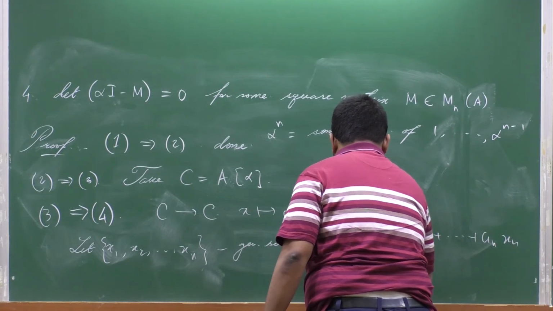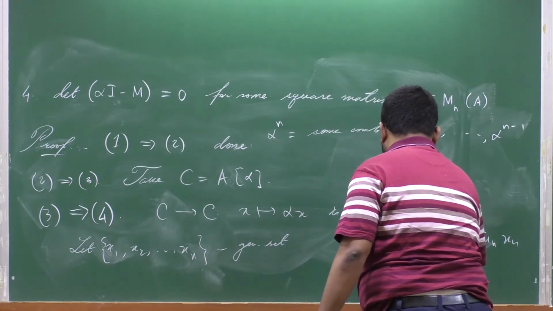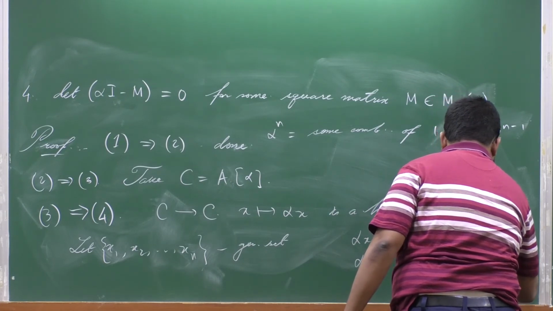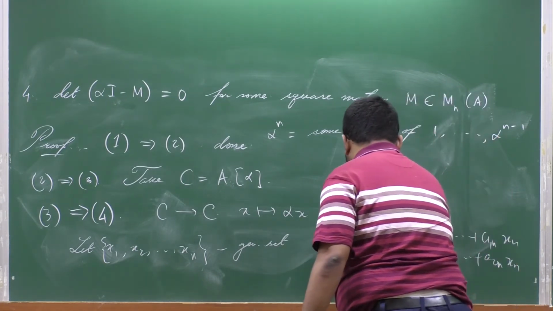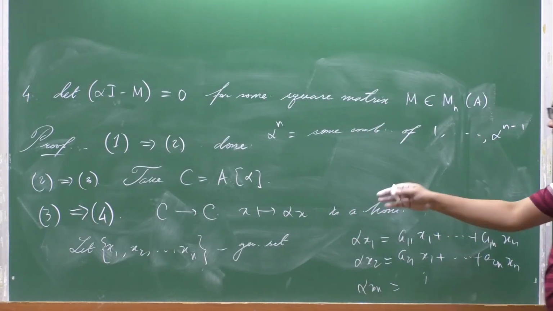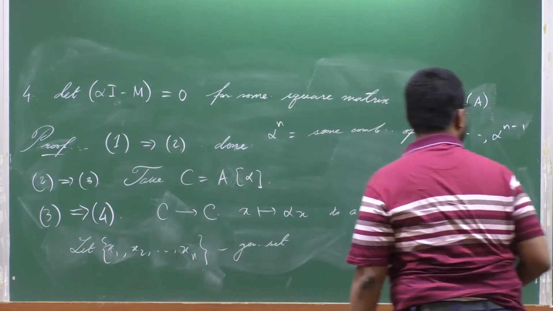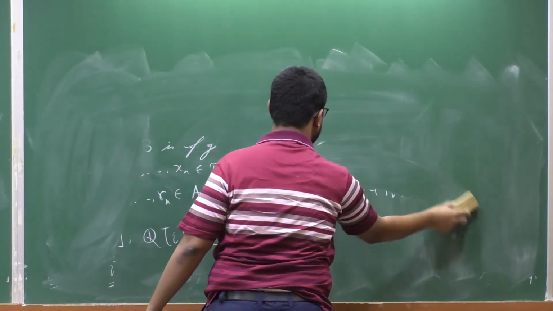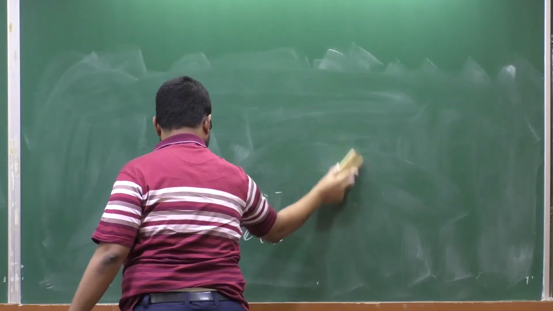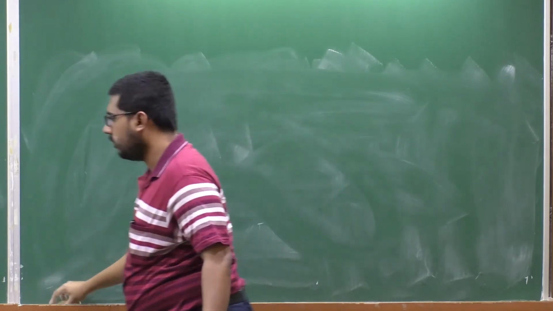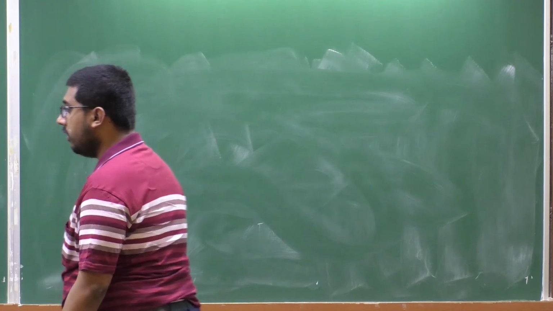Similarly, you can do it with alpha x2, which is a21 x1 up to a2n xn, and that is how it goes; alpha xn will be something. Now, you bring everything to one side. What do you obtain? What you obtain is the following.